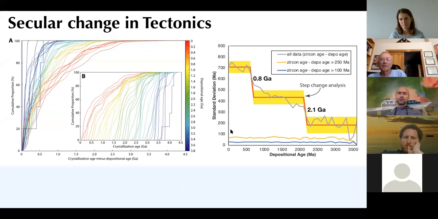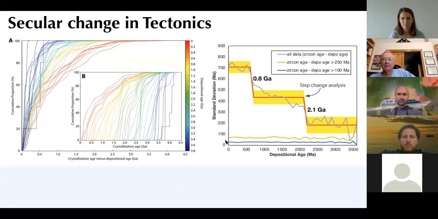So those short residence time zircons, those zircons that were formed in a magma chamber, and then that magma chamber or volcano brought those zircons to the surface, and those zircons were then incorporated into sedimentary rocks within 250 million years, we see that the standard deviation of those age populations doesn't change, implying that the magmatic residence time does not change through time. Now, that's a bit of a stretch, and I realize it's a very simplistic analysis of residence times, but that's my first approach.